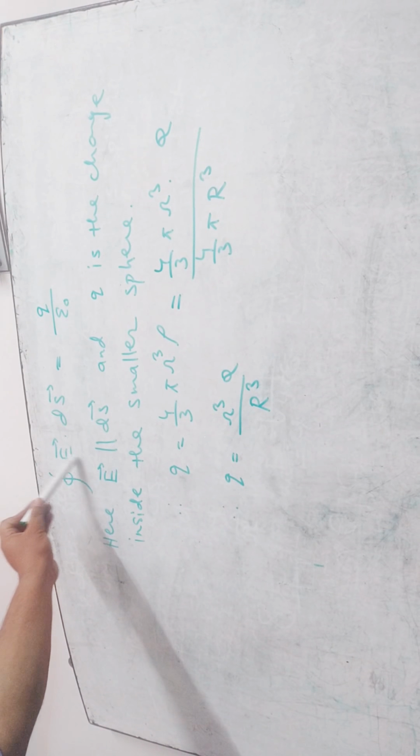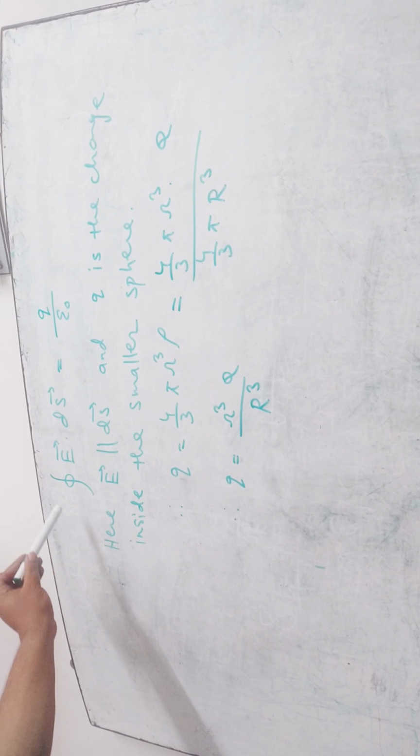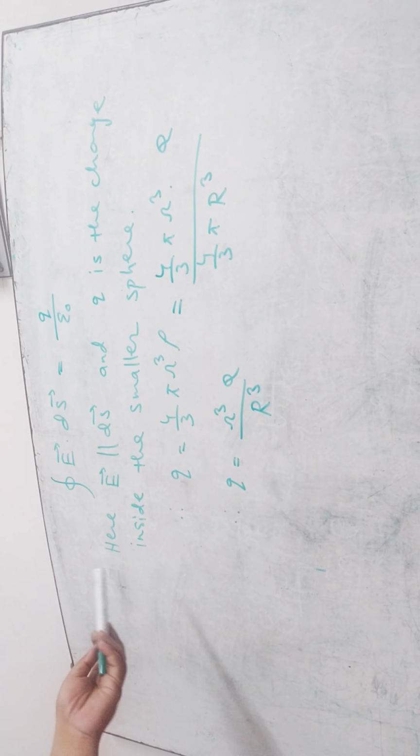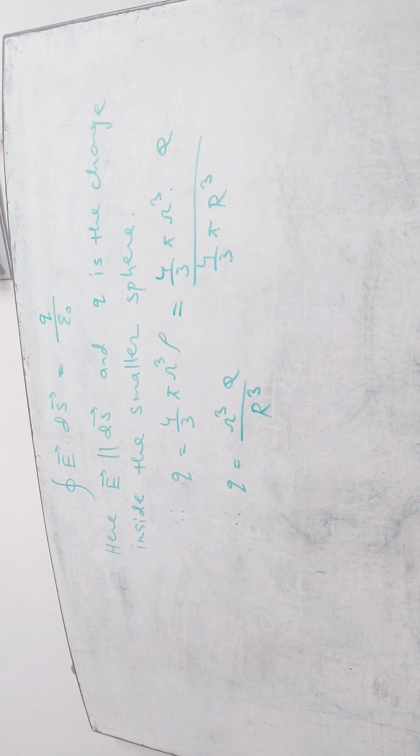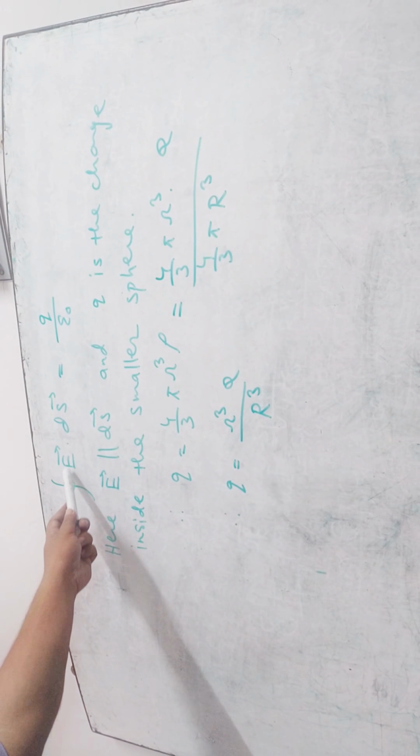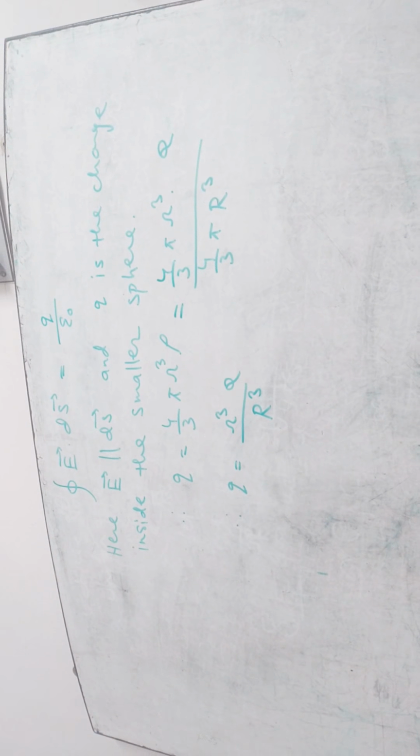Since capital E is constant everywhere on the Gaussian surface, capital E can come out of the integration.